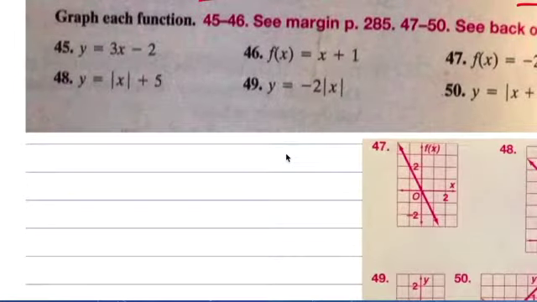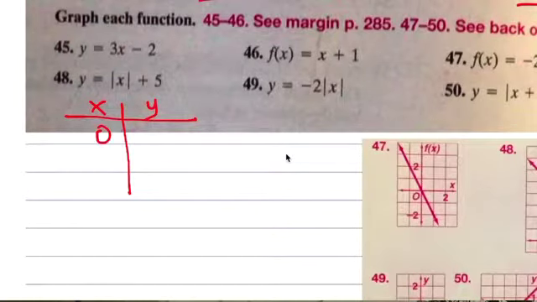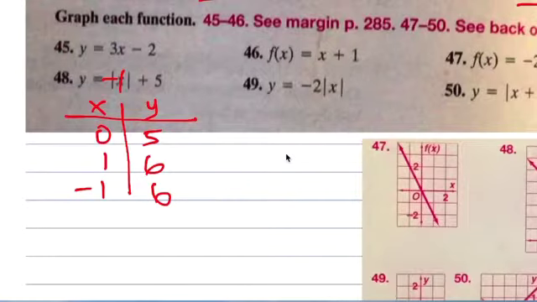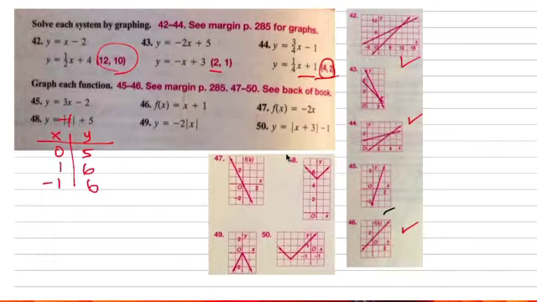Okay, to do 48, remember, you need to do a table. X value, y. X is 0. If x is 0, y is 5. X is 1, y is 6. If x is negative 1, y is 6. Okay, and then graph using that.